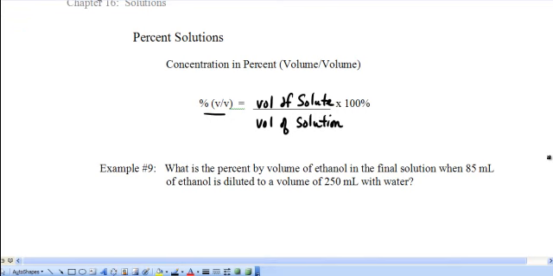All right. What volume of the total solution is a particular solute? All right, so let's go ahead and try one of these problems, and maybe that'll make sense.